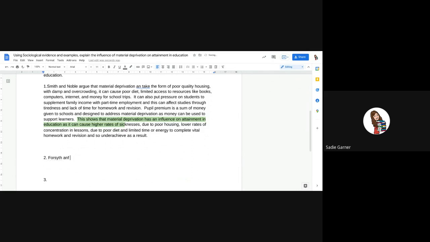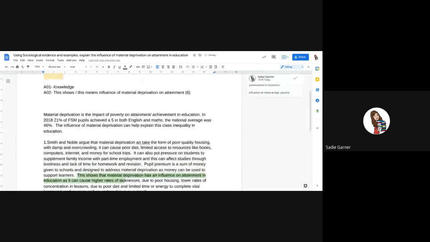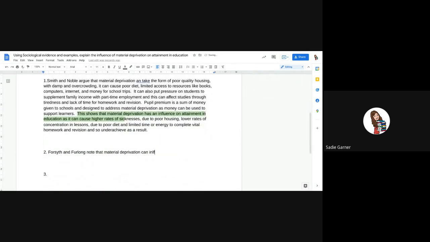Forsyth and Furlong note that material deprivation can influence, because that's the question, material deprivation can influence further attendance in further or higher education.